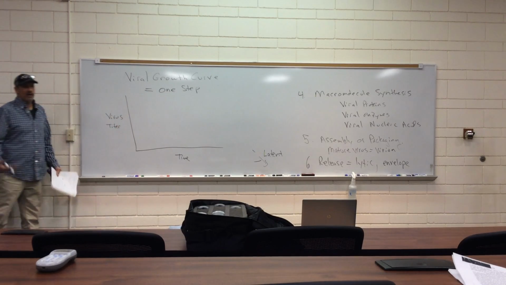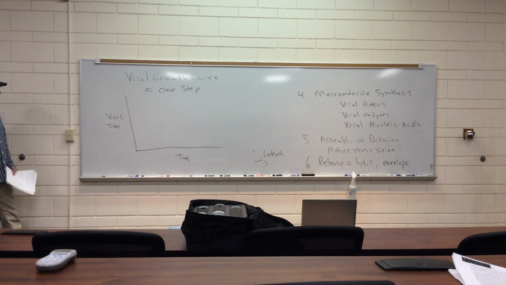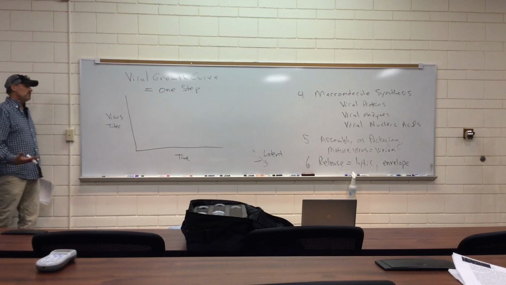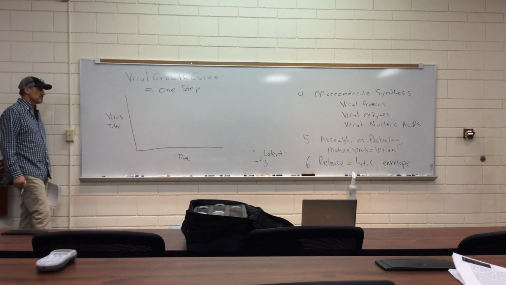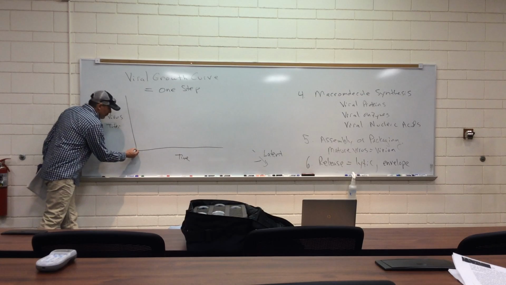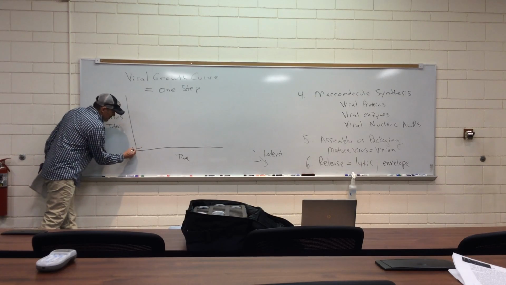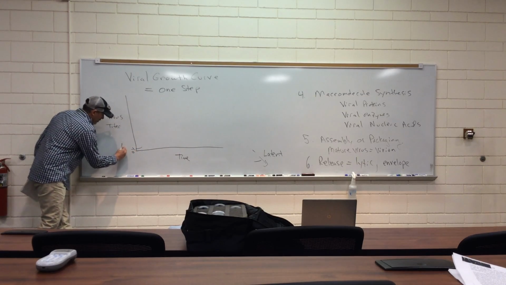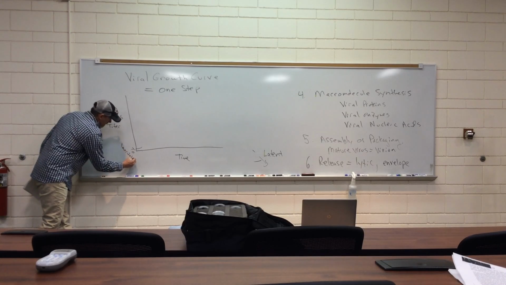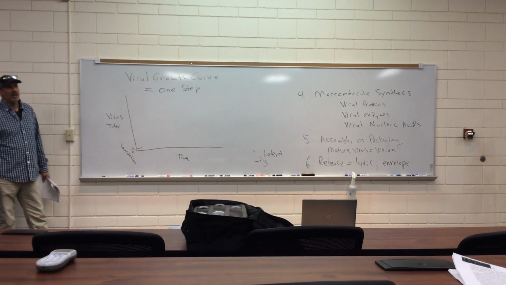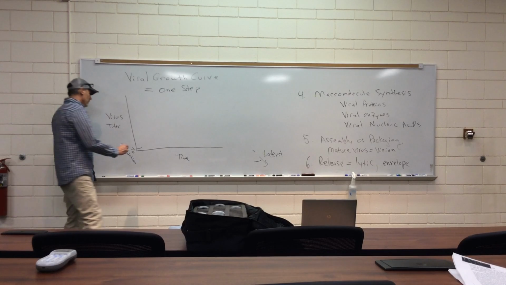Pretty much from here on out, that's how we describe concentration. Titer can be in many different ways: viruses per milliliter, parts per million, parts per billion, however we want to discuss it. It's just basically the numbers of viruses. T0 is going to be inoculation, and it takes a while for that virus to find its host.